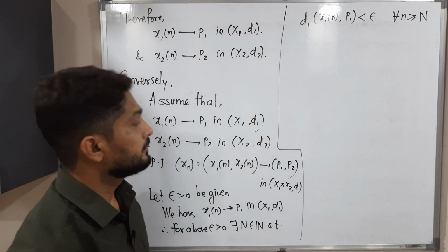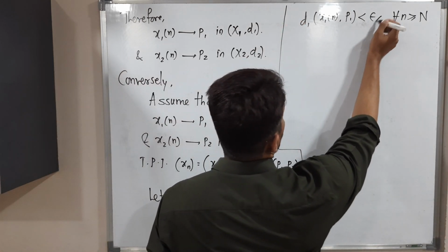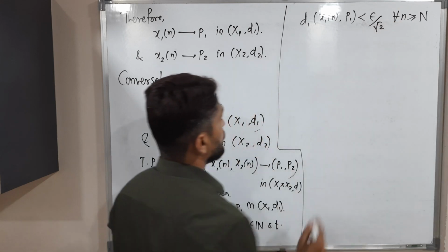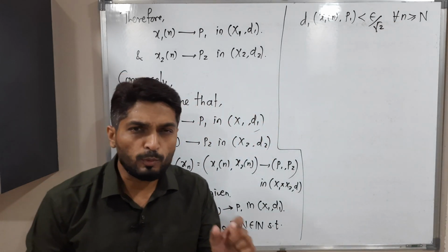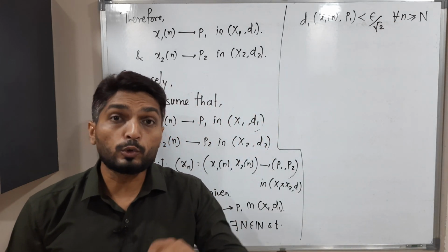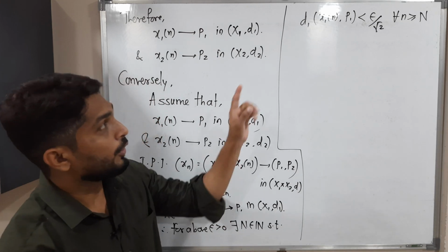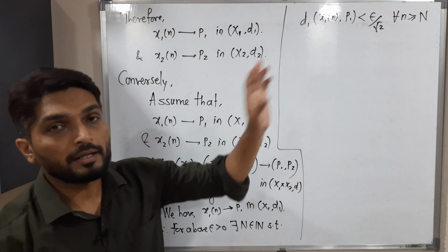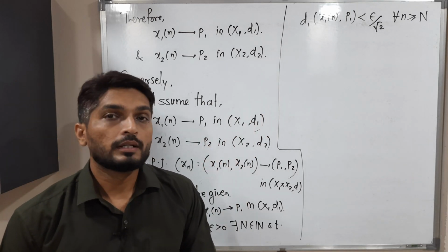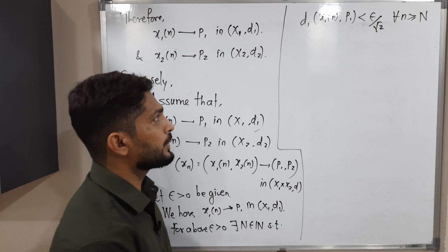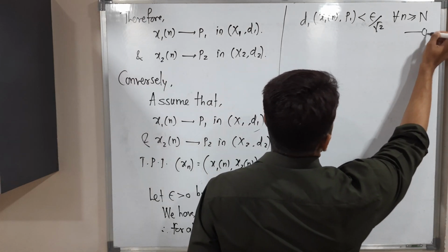Instead of epsilon we can write epsilon by root 2. Epsilon means a small positive real number, and epsilon by root 2 has the same meaning, so we can replace it. It is just for adjustment. This is a very important thing for us, so let me call it 1.